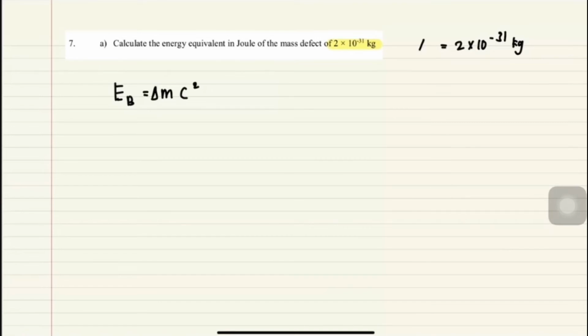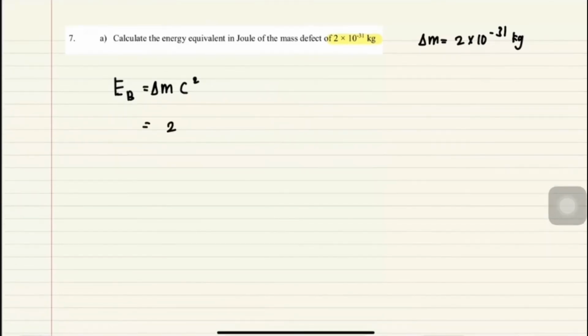So it will be delta M. Okay, good. So 2 times 10 negative 31. This one is in SI unit, kilogram. So you have to multiply with 3 times 10 to the power of 8, SI unit juga lah. And don't forget to take square. Square tu selalu sudah lupa dalam exam.